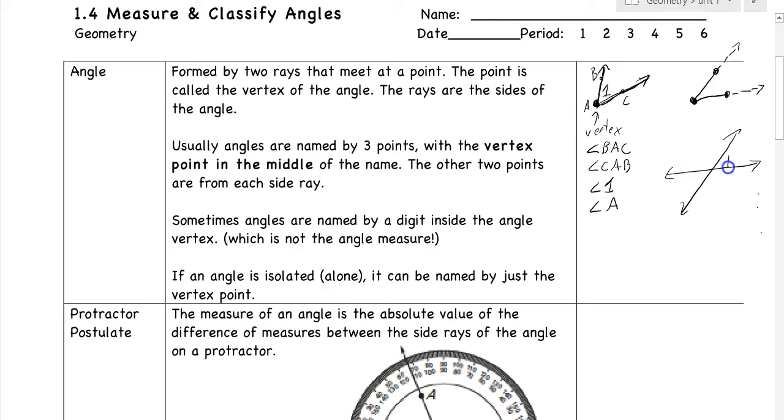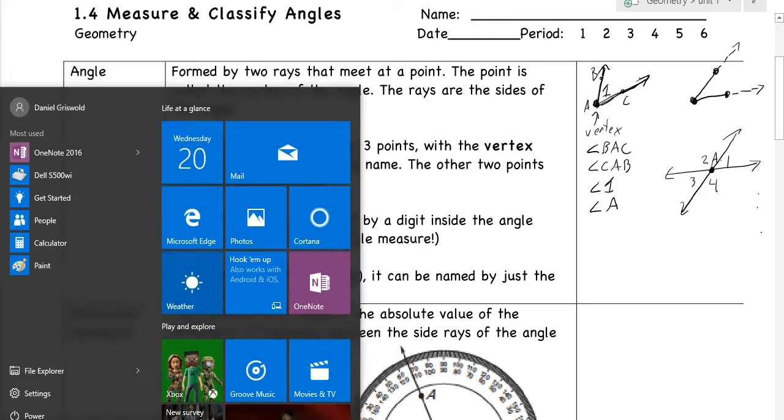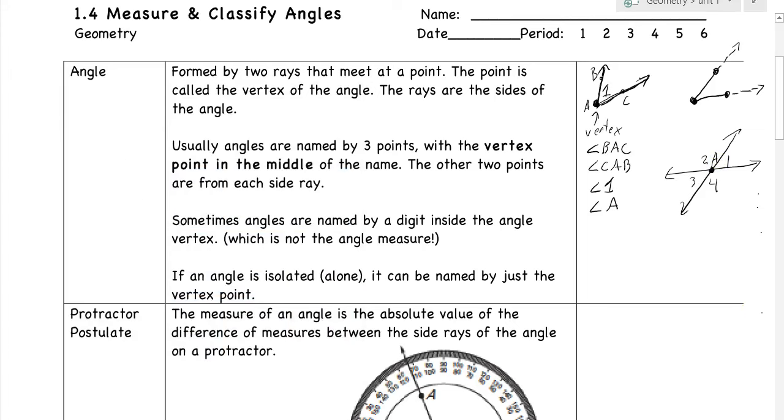But when you have multiple angles around the same vertex, you cannot call it by just the letter. So if that's letter A, you cannot call any of those angles angle A, because I wouldn't know whether you were talking about angle 1, angle 2, angle 3, or angle 4.